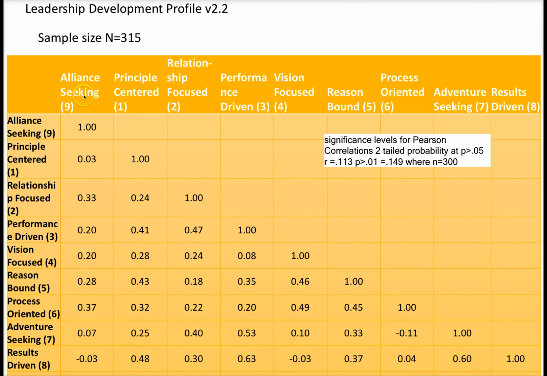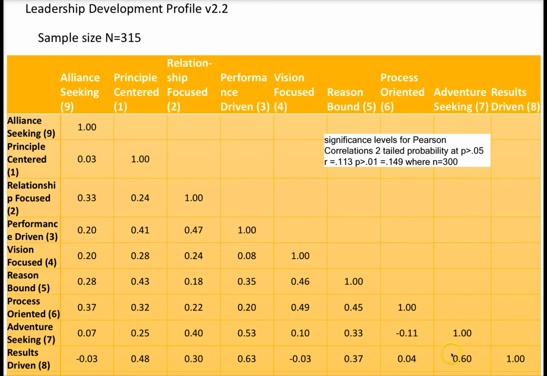So alliance-seeking people tend to be pragmatic, principle-centered people tend to be more ideological, and therefore we see an almost orthogonal, non-correlated relationship between the two, and that kind of makes sense.